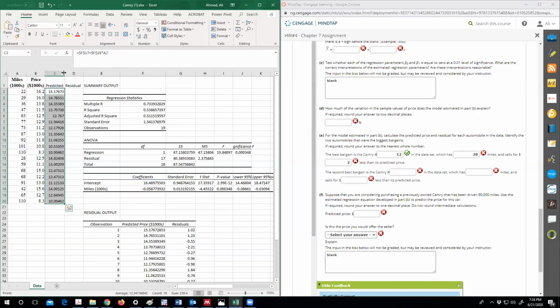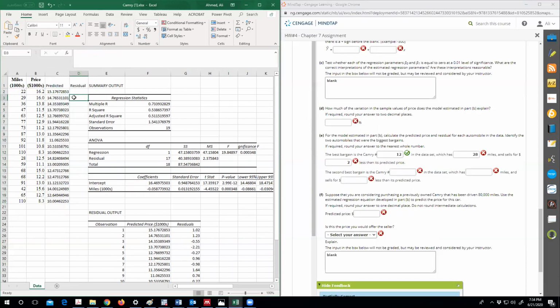All right, so these are our predicted prices, and I'm taking the difference of actual minus predicted. And we can drag this down too.